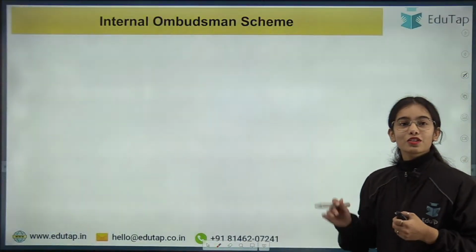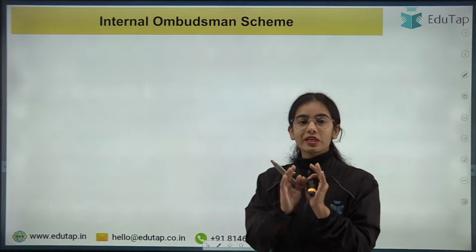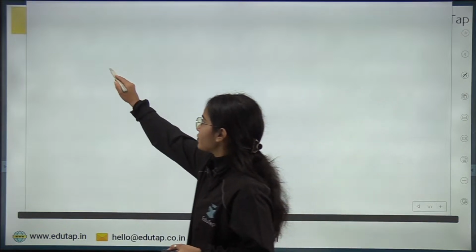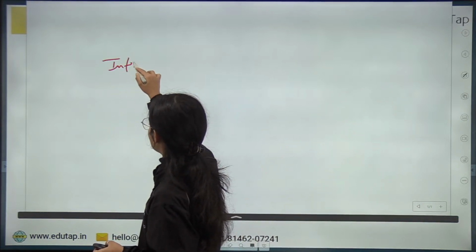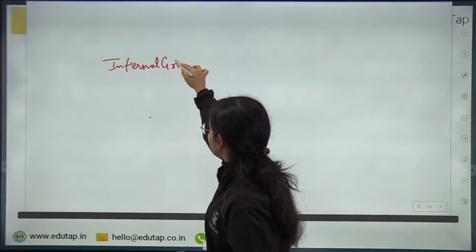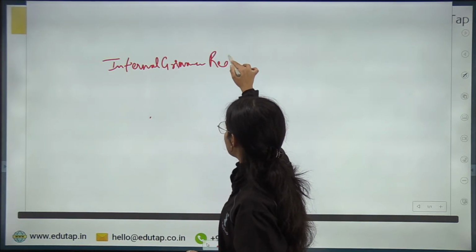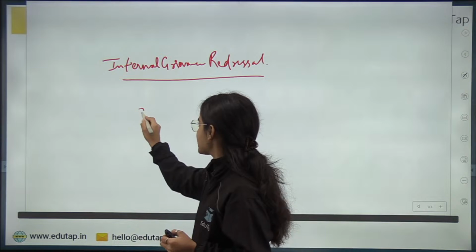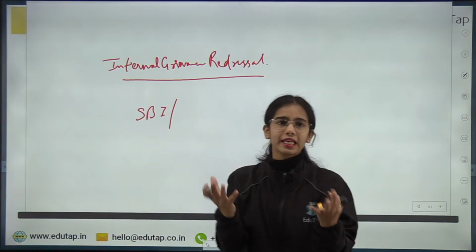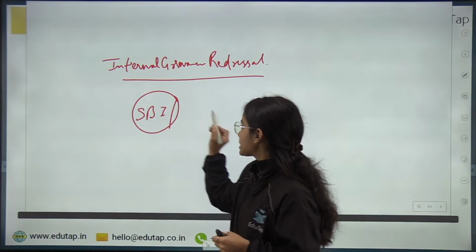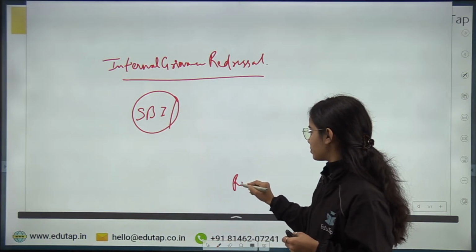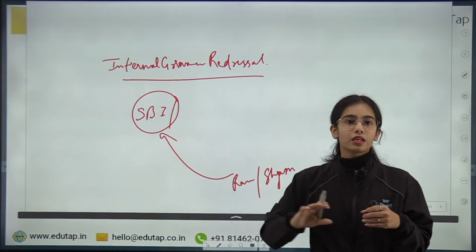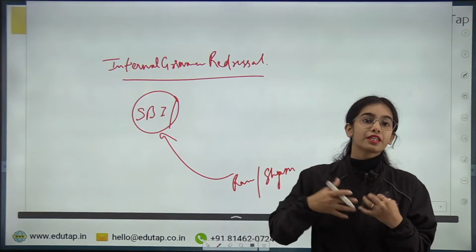Okay. So starting with the internal ombudsman scheme. What is the requirement of an internal ombudsman? First of all, I hope you know about the internal grievance redressal. What happens is that the banks, let's say SBI, State Bank of India, or PNB or any bank, have customers, let's say Ram and Shyam, who have some complaints against the SBI in regard to the services that they are providing, or the deficiency of services.